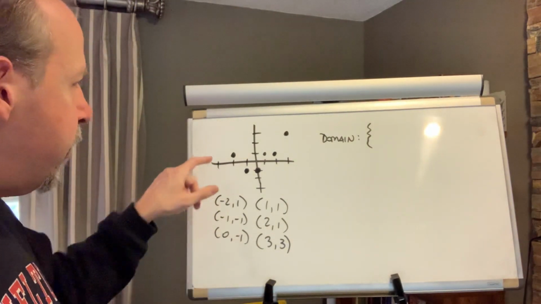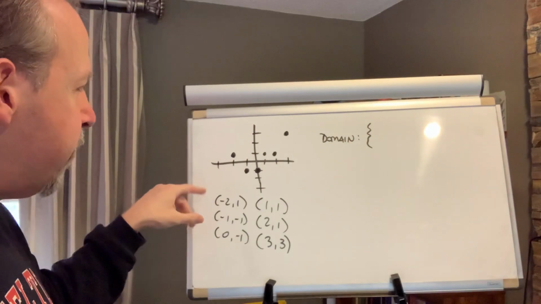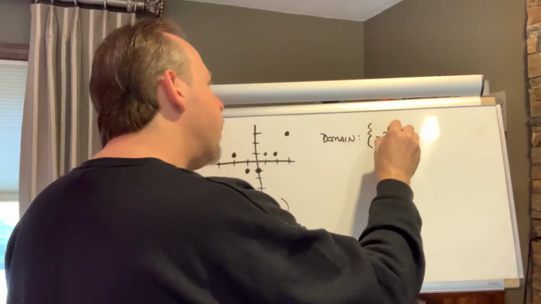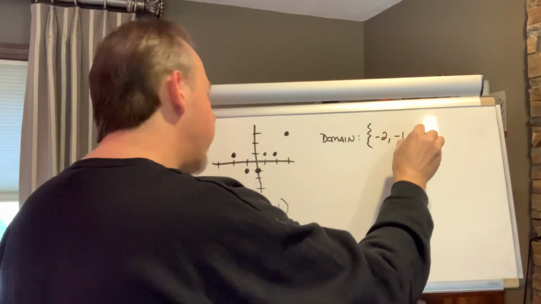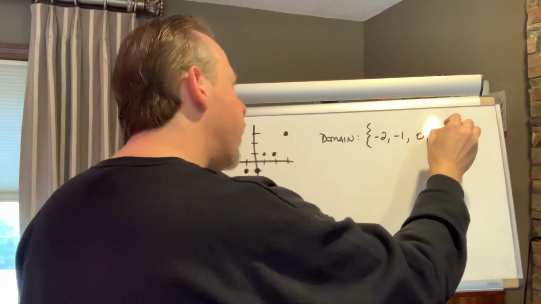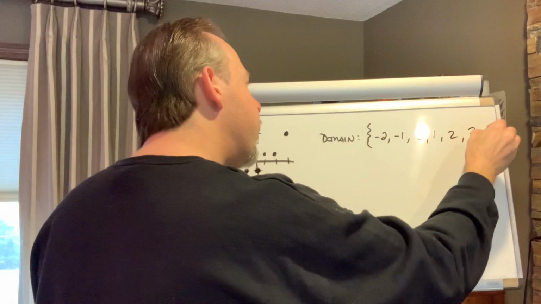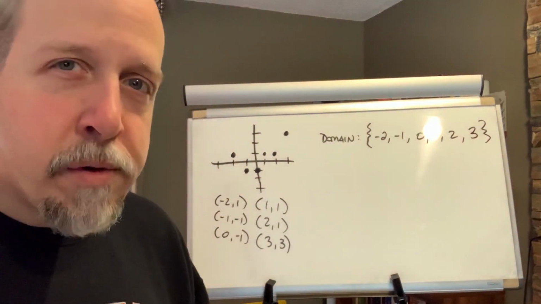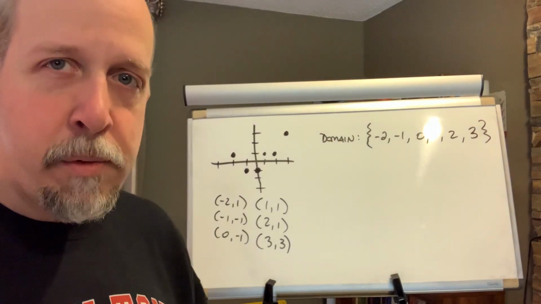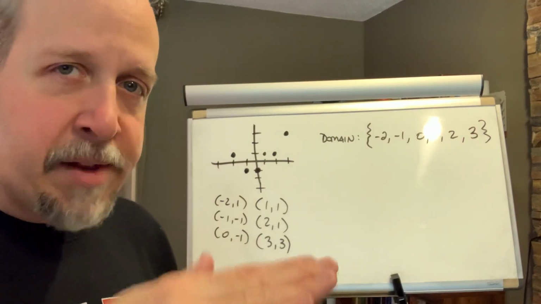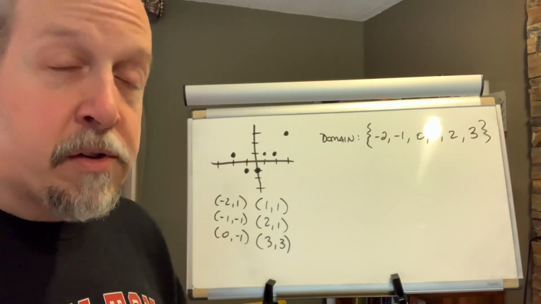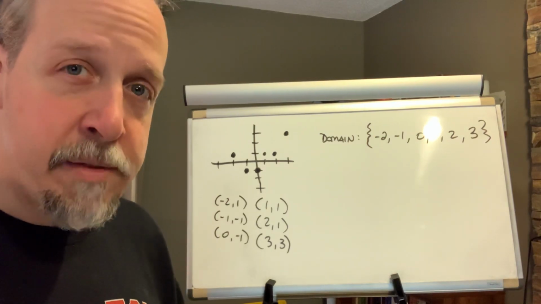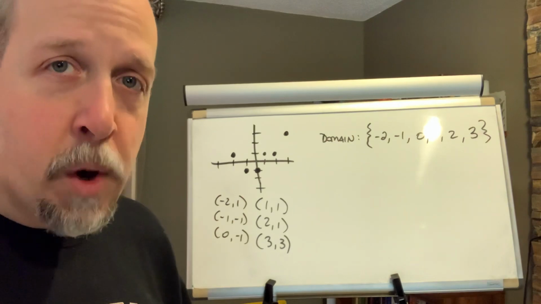Now, when I just named all the coordinates, I did start with the lowest x. So -2 is the first domain, then -1, then 0, then 1, 2, and 3. We don't say -2 through 3 or -2 - 3 because there's a lot of numbers, fractions and decimals, that are not actually identified right there on the graph. You're just going to list each one, okay?